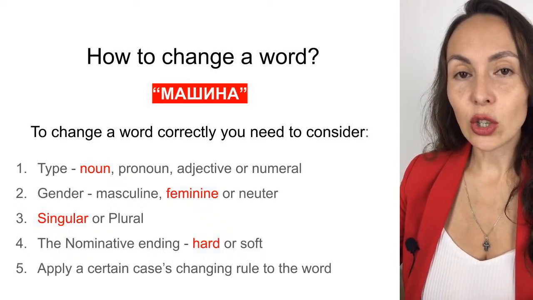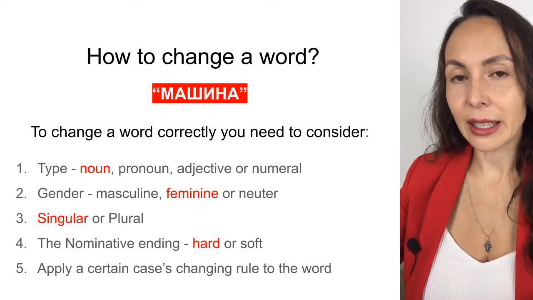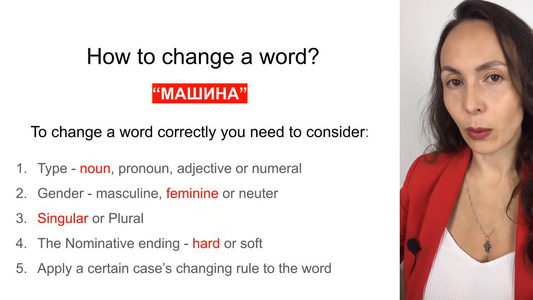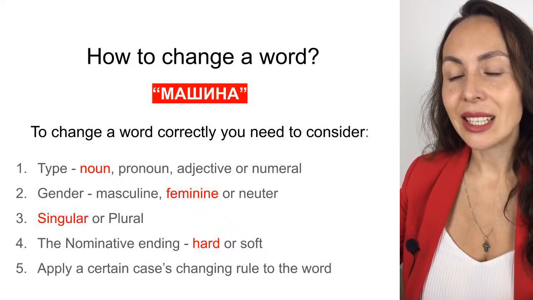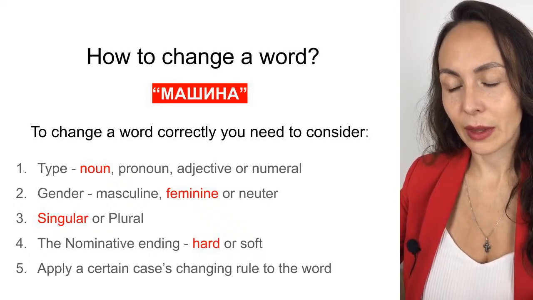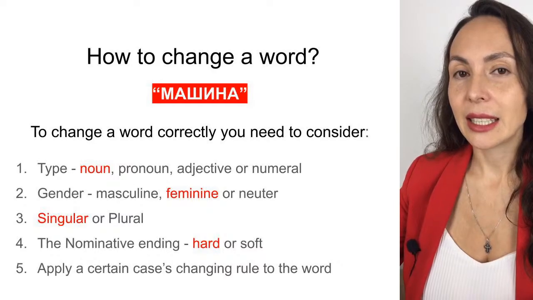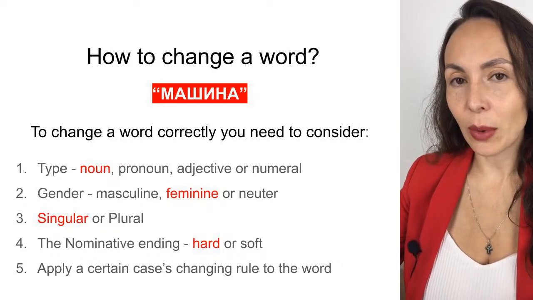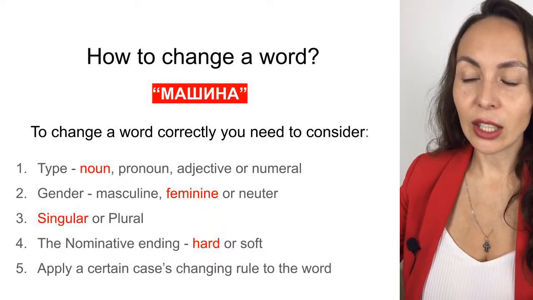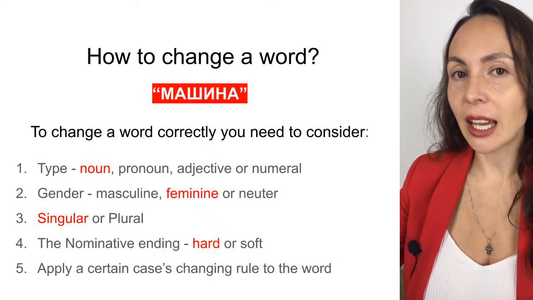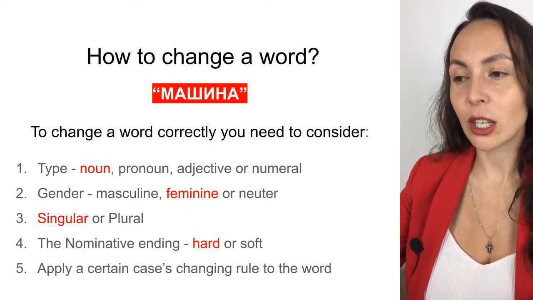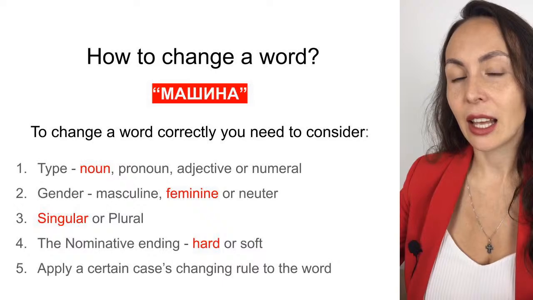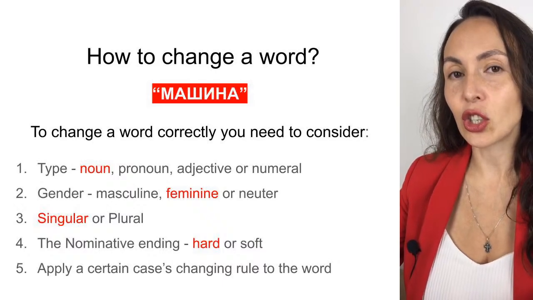And to change correctly any type of the words, you need to know its nominative form. Once you know the nominative form, for example, this машина, you need to look at the very end of this word, at the ending. You need to check the ending.